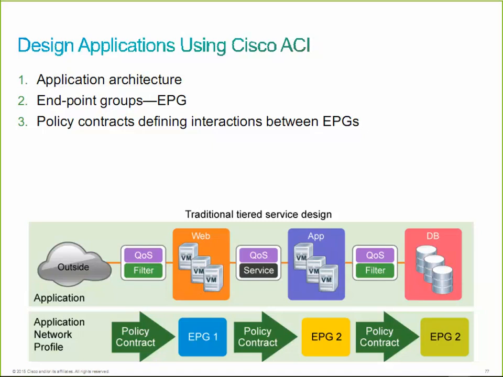Almost like what's allowed, what's not allowed, what are we allowed to communicate between these different groups, right? So an EPG is just a collection of endpoints that provide a similar function. Maybe they represent an application, a set of services, or whatever that are going to run on the network.